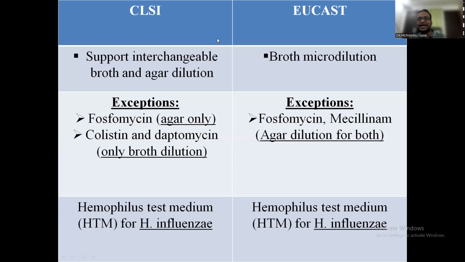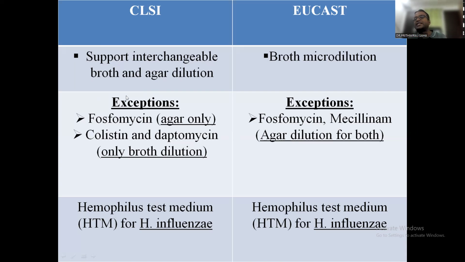So coming to CLSI and EUCAST, the CLSI has given the direction to use broth and agar dilution, but we do it by the automated system now. Though the automated system is a modified broth dilution testing, CLSI has said broth and agar dilution.